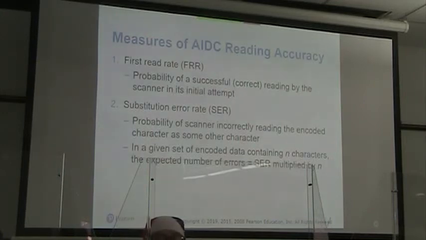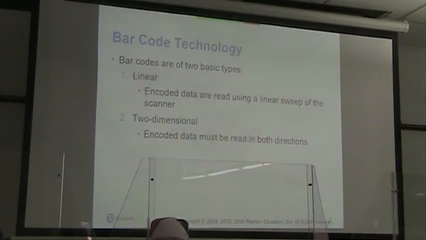So this is the probability of the scanner incorrectly reading the encoded character as a different character. So in a given set of encoded data within N characters, the expected number of errors is the SER multiplied by N. Simple statistics, really.